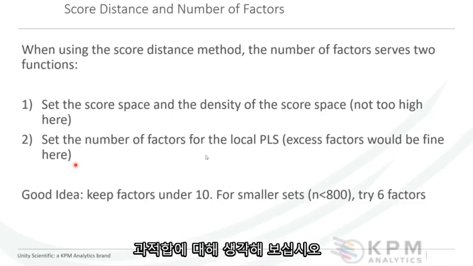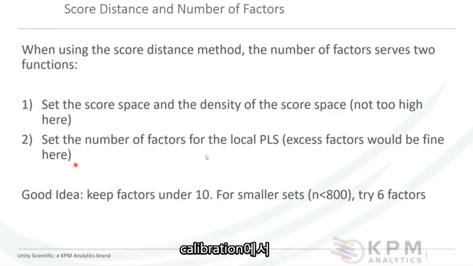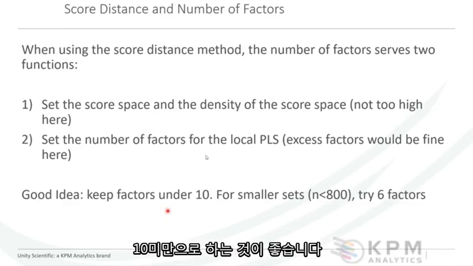If you think about overfitting, our concern was what happens in the future when we go into production with unknowns that we haven't seen in the calibration. Here it is a closed set, so the fear of overfitting is not the same, okay? In general, it's a good idea to keep factors under 10. A good place to start might be 6.